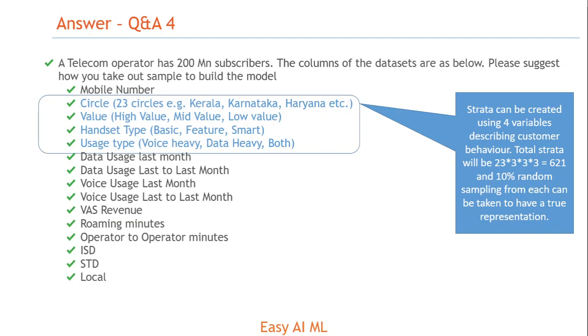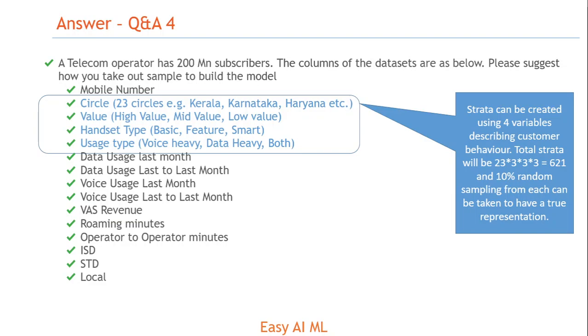So with these four clusters we are actually creating a total of 621 strata, and if we take a 10% random sample from all these 621 buckets, we are going to get a true representation of the 200 million subscribers.